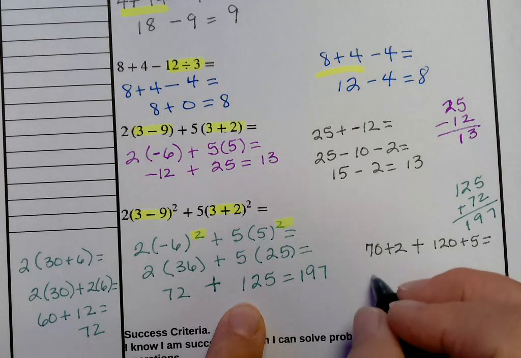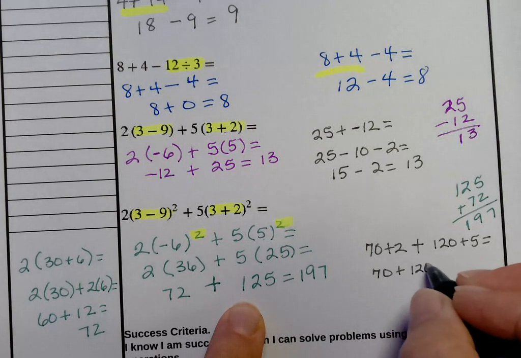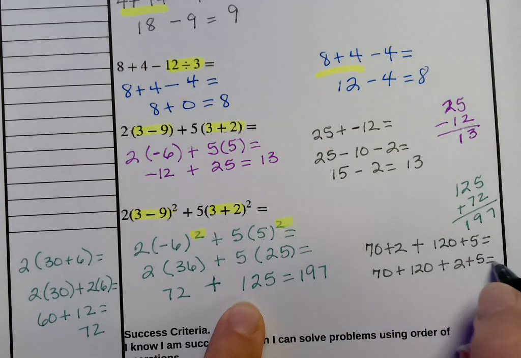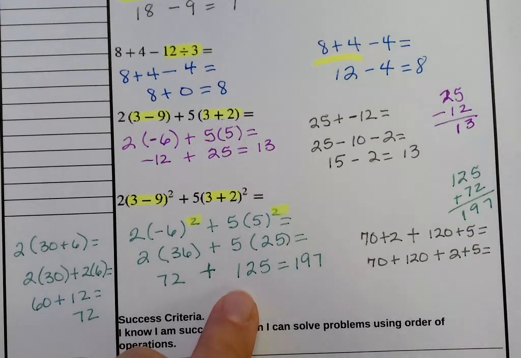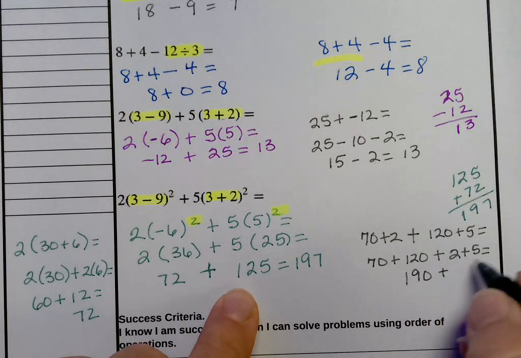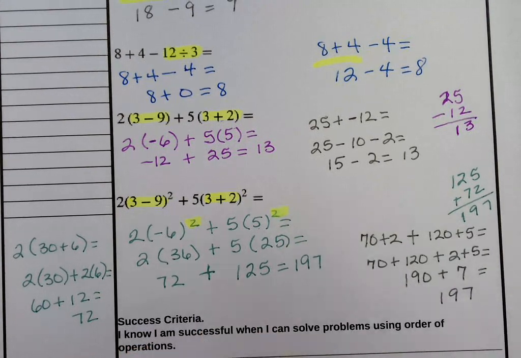If I rearrange, 70 plus 120 plus 2 plus 5 equals 70 plus 120 is 190. 2 plus 5 is 7. And we're done.